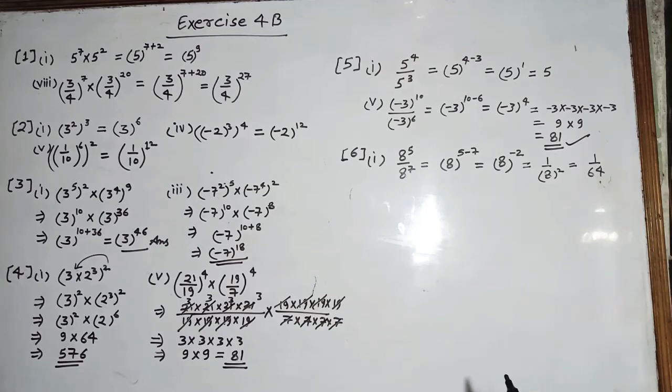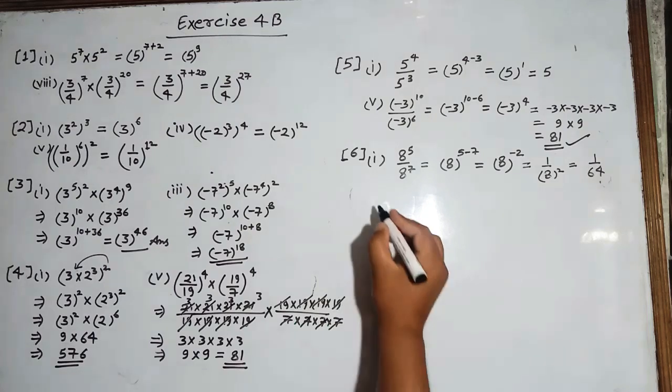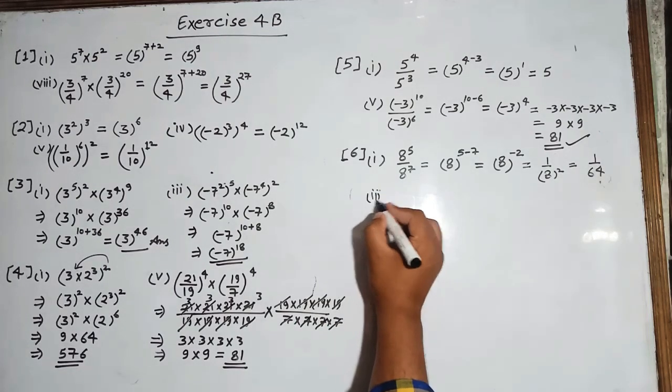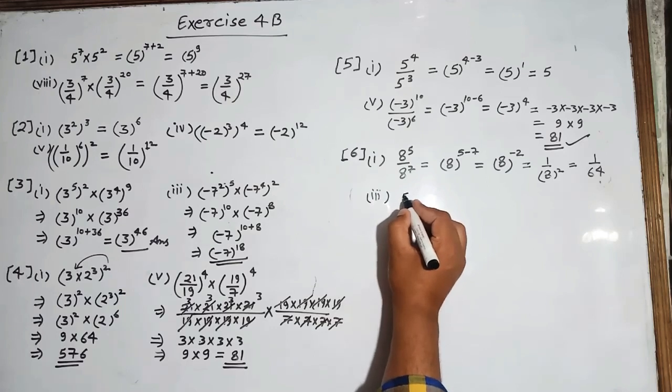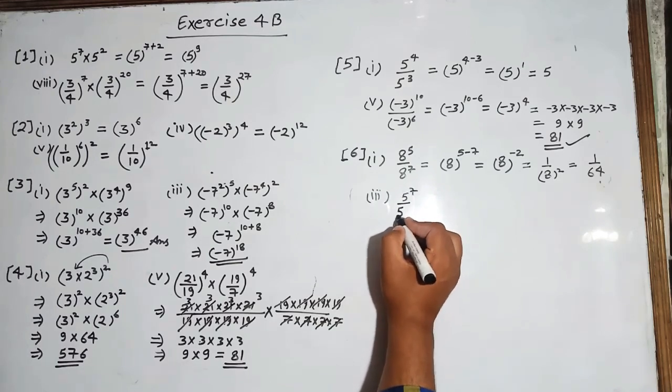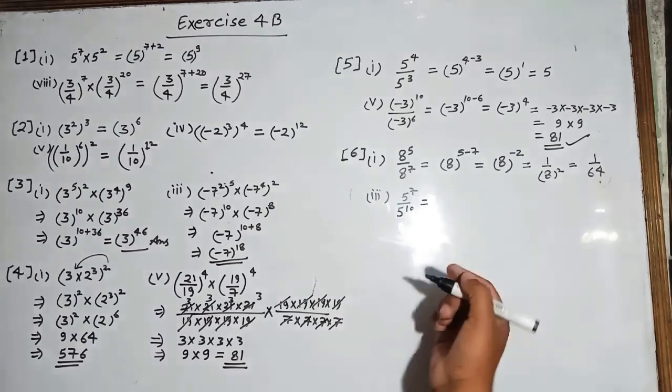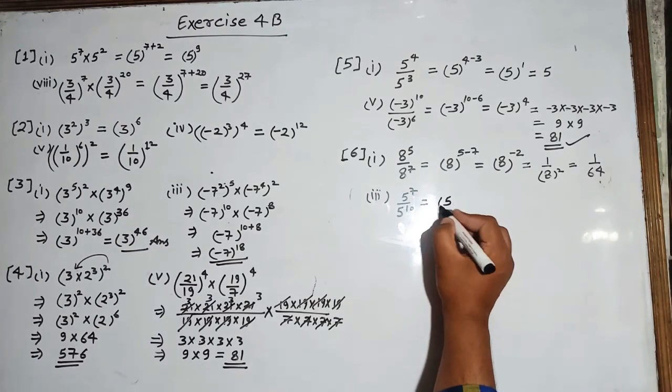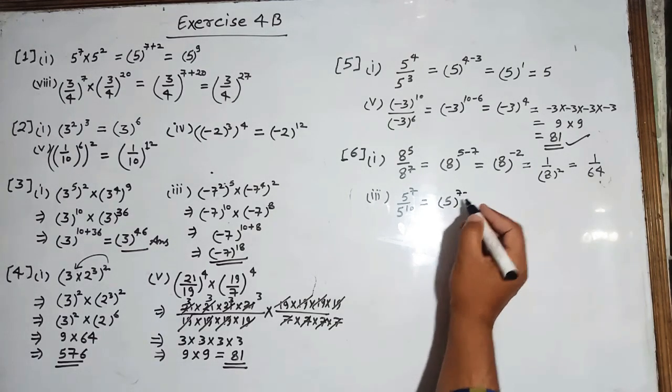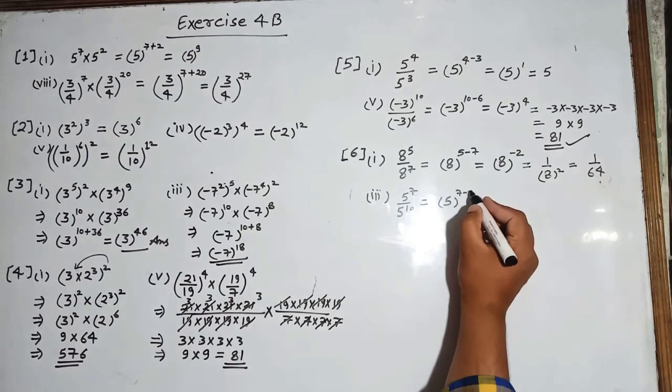In the same way, the third part is 5 to the power 7 upon 5 to the power 10. So how will we solve? We will write the base as it is and subtract the powers. In division the power will get subtracted.